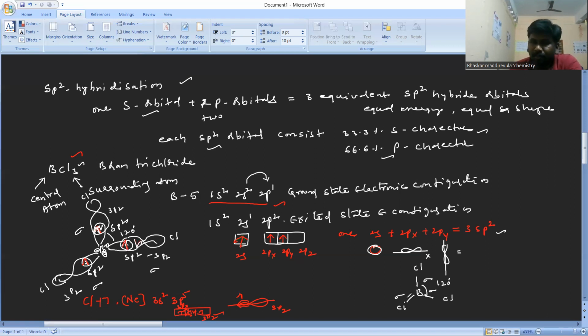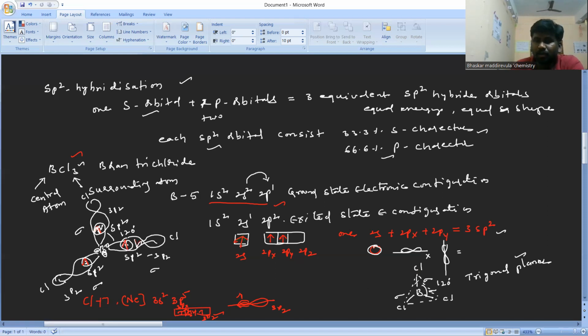So the geometry of this molecule is trigonal planar geometry. It possesses a triangular planar geometry.